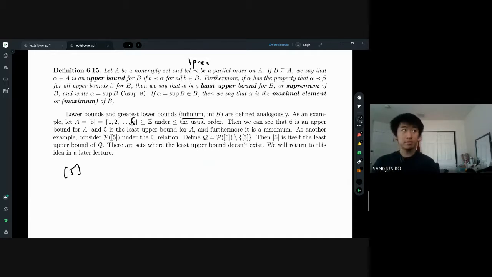And there is in fact no other upper bound, so it has to be the least upper bound. And of course, there are sets where the least upper bound just does not exist.